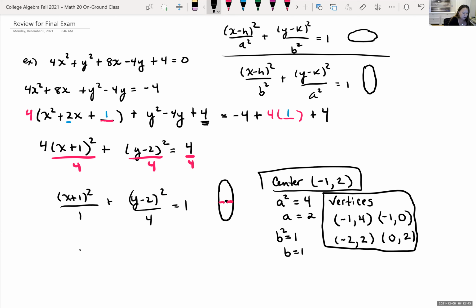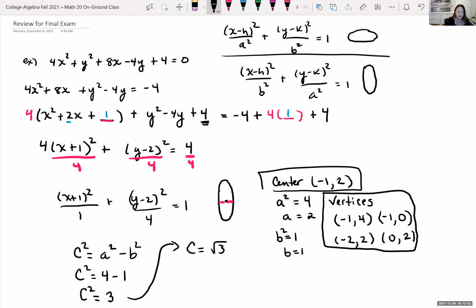And C, recall, C squared is equal to A squared minus B squared. C squared is equal to A squared, which is 4, minus B squared, which is 1. So I know C squared is equal to 3, and C is equal to square root of 3. The foci are always on the major axis, so we are going to add and subtract root 3 from our Y value of the center.